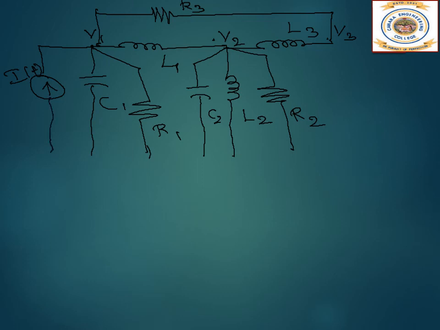Let me just connect it. Yes, this is the force current analogous circuit for the given mechanical network. You just check the equivalent mechanical network and this force current analogous electrical network. It is the same way. Only thing is the mechanical elements are replaced with their analogous electrical elements. So this is how you find the force voltage and force current analogous circuit.